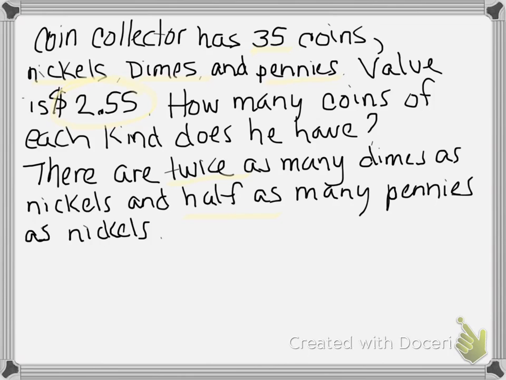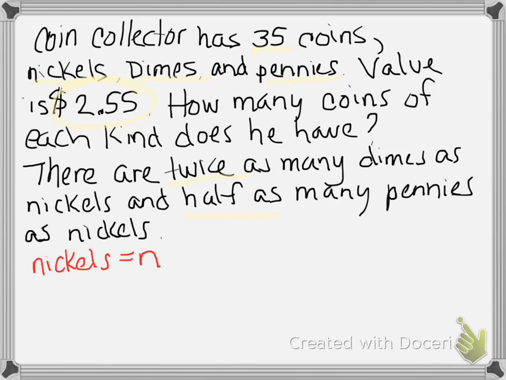Okay, so we have nickels. And since all of these are referring to nickels, I'm going to mark my variable for nickels as n. We're going to have different amounts of each, so I can't say C is the number of coins this time because they're different.